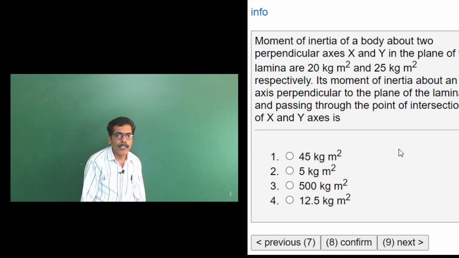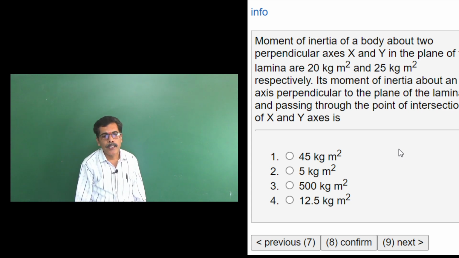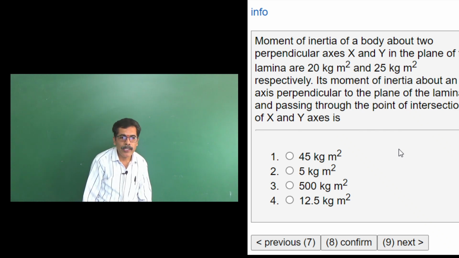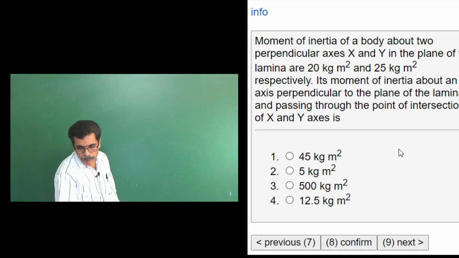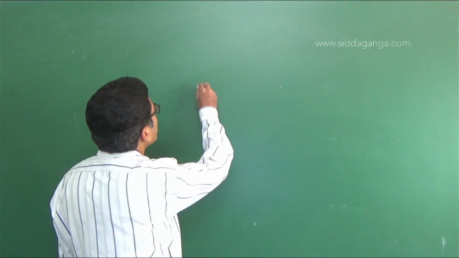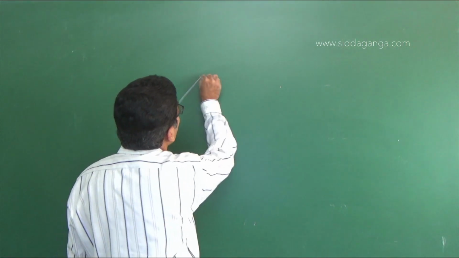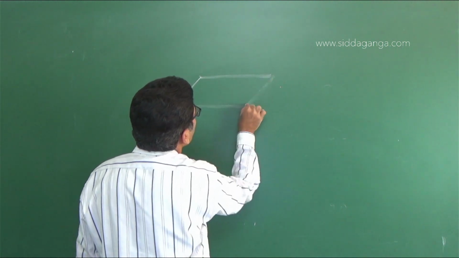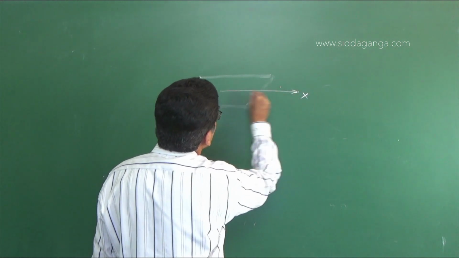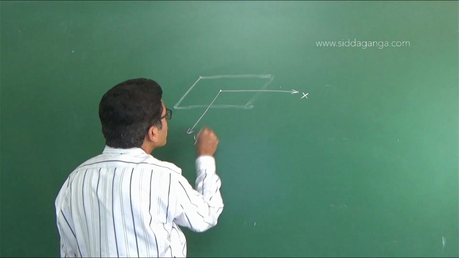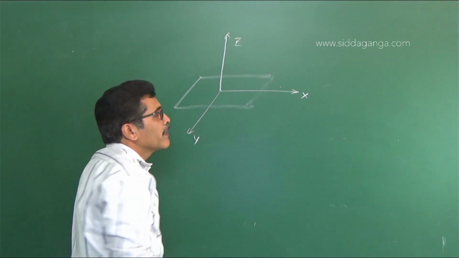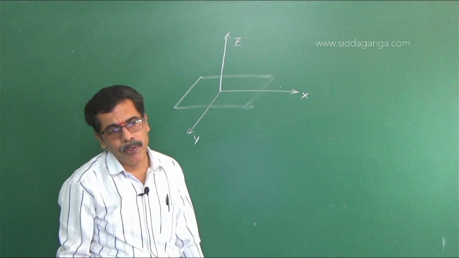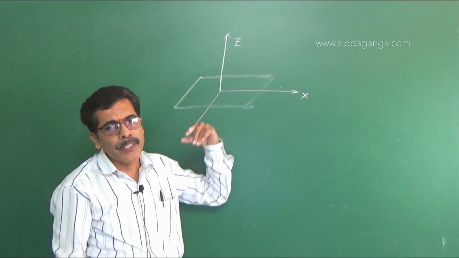Its moment of inertia about an axis perpendicular to the plane of the lamina and passing through the point of intersection of the x and y axes. Here we have a lamina. There are two axes: this is the x axis, this is the y axis, and this is the z axis. It's just like our first problem. This can be solved using the perpendicular axis theorem.